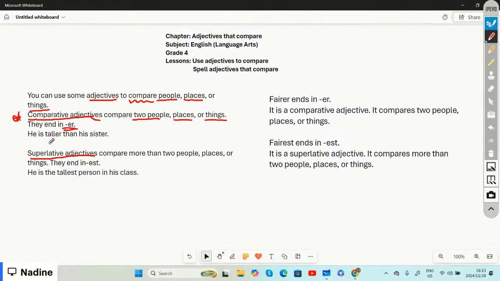For example, instead of just saying he's tall, if we compare him to somebody, we say he is taller than that person, because two people are being compared. So it ends in er, taller. Let's say someone is smart in class, but now I'm comparing him to another one, then I can say he is smart, but she is smarter.